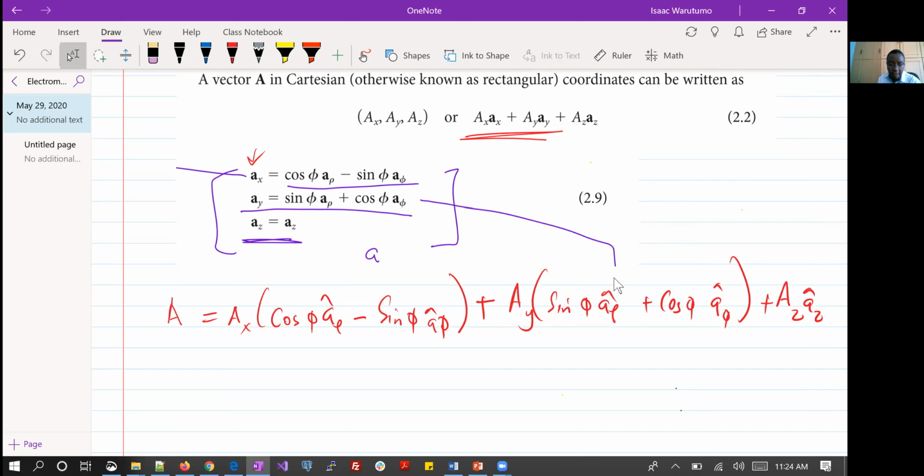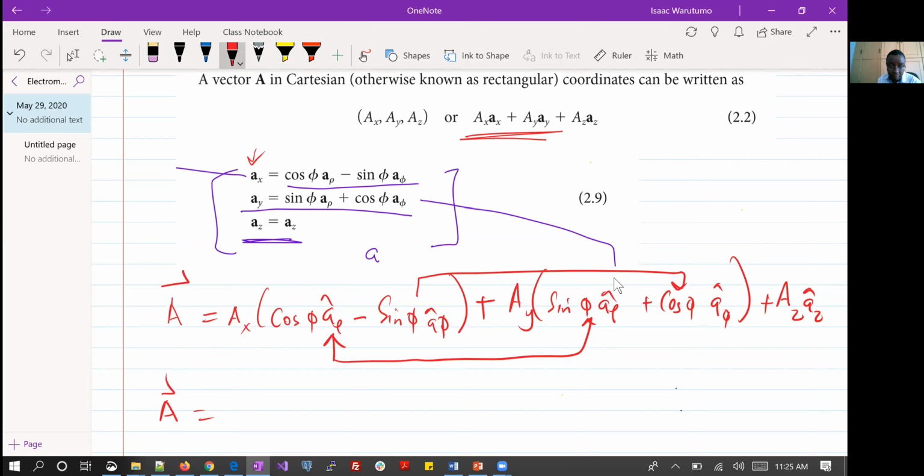So if you just factor this out, you want to factor common factors, like terms. You get the like terms, and then you have a vector, always remember to put the arrow, which is going to be given by, I can put my arrow outside.